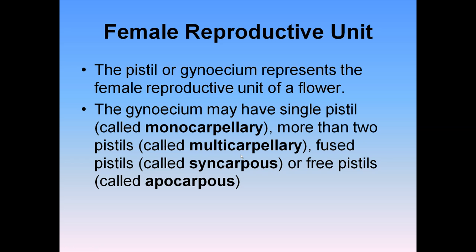And when in the multicarpellary situation all of the pistils are fused to form a single gynoecium, the situation is referred to as syncarpous. As the word suggests, syn means fused. When the pistils are free, not fused, the situation is referred to as apocarpous.